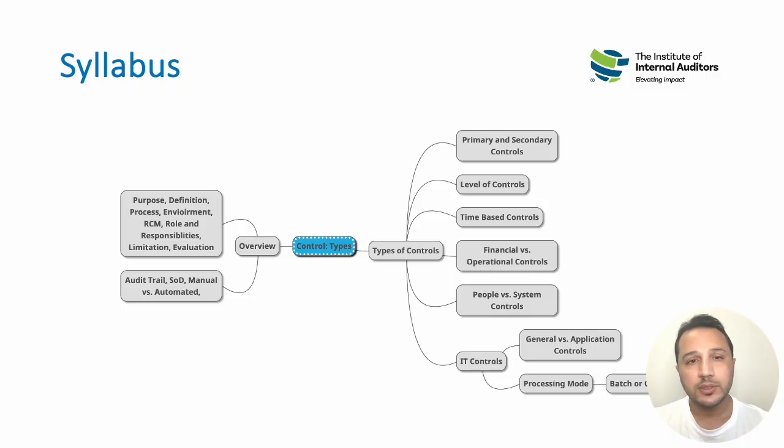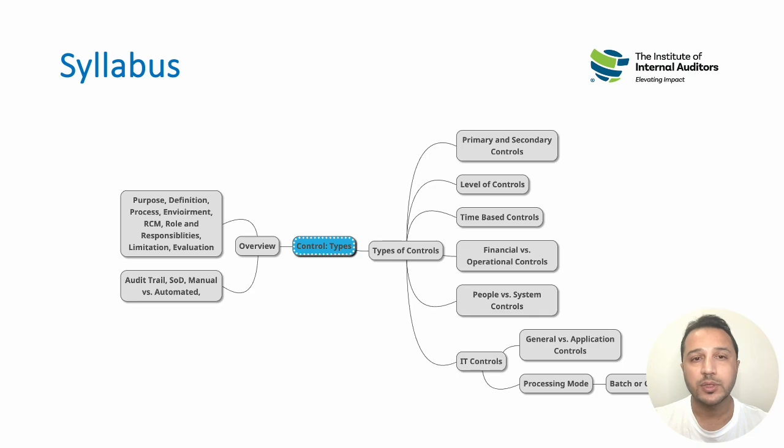In the other section of controls, we will be discussing different classifications of controls, which means that we can classify controls by different means. We can classify controls into primary and secondary controls, or based on different hierarchical levels within the organization.